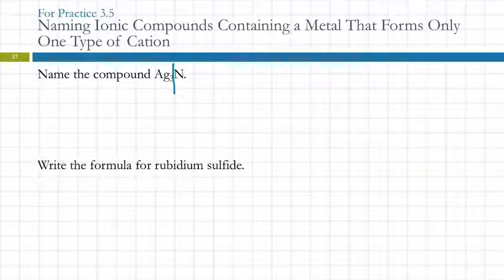So it does not need a Roman numeral. So I'm going to write its name, silver. The other ion is nitrogen. Nitrogen changes the ending of its name to "ide", and so we get silver nitride. Any questions?